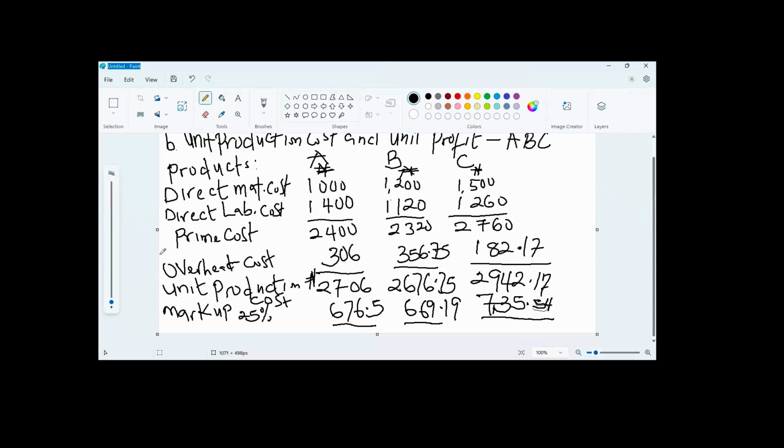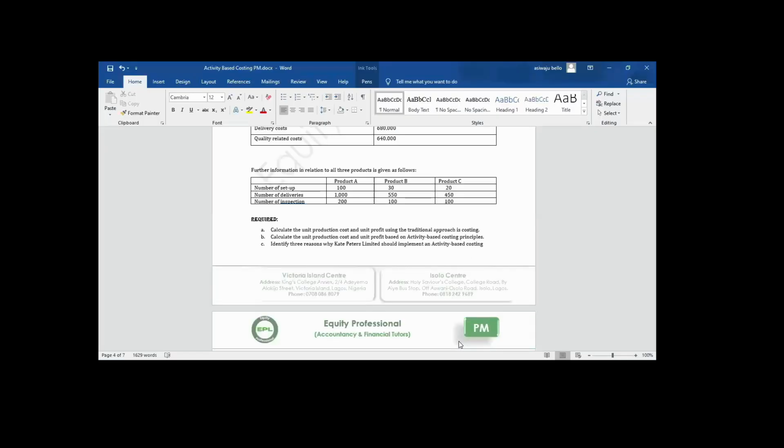All right. Part C is just theory, no issue. Identify 3 reasons why Kate Peters Limited should implement activity-based costing. That is the advantages of activity-based costing.